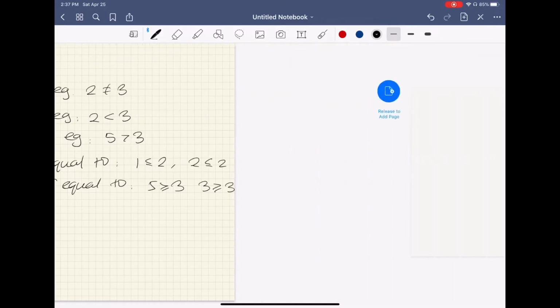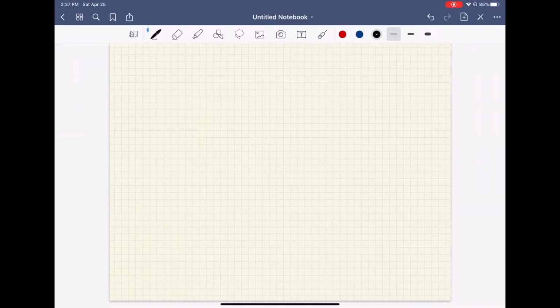Okay. Now let's learn how to graph linear inequalities on number line. So when you guys have greater than or less than, your boundary points will be represented by an open circle.